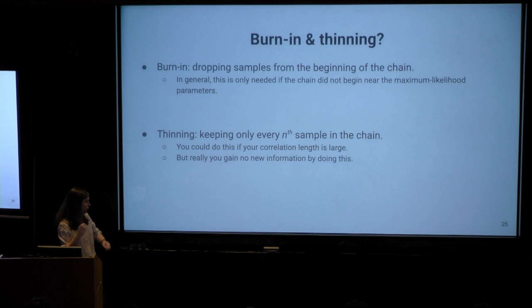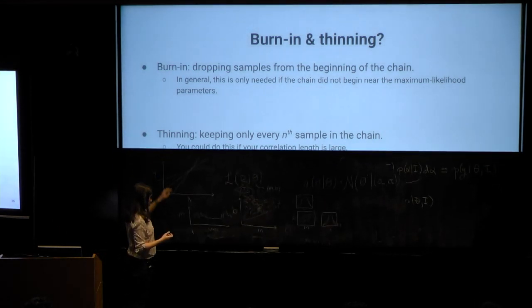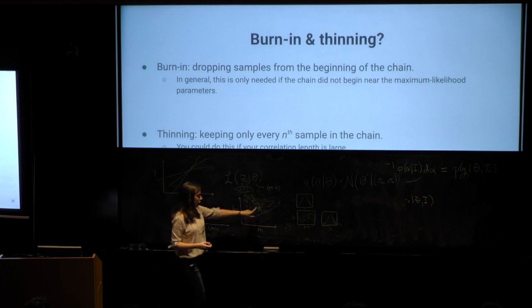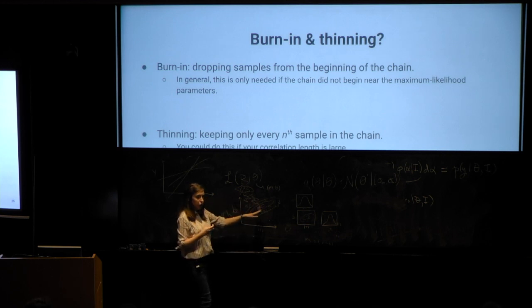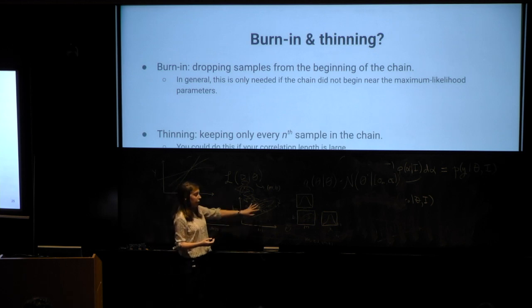So if in this example, I dropped my chain down here near the best likelihood, there's really no burn-in necessary. It's already part of a stationary distribution, where the probability distribution of samples that we get is the same at the beginning of the chain's run as at the end of the run.